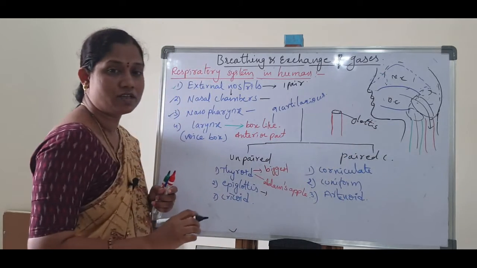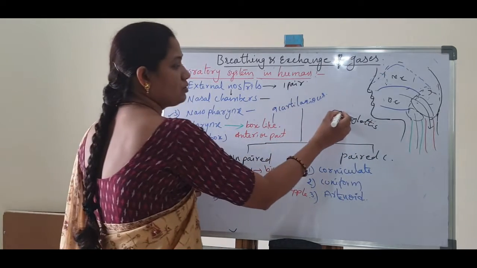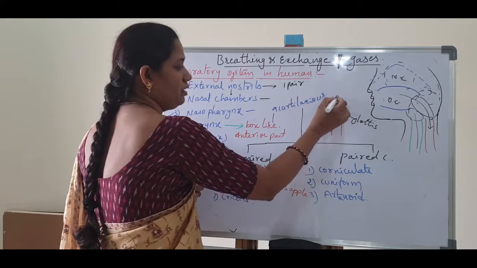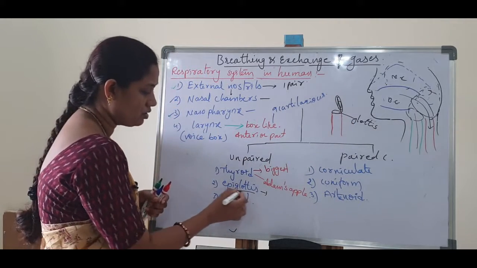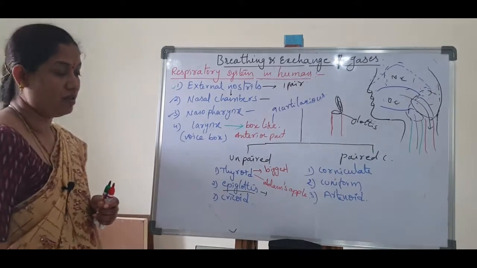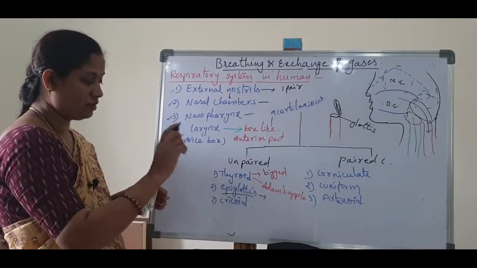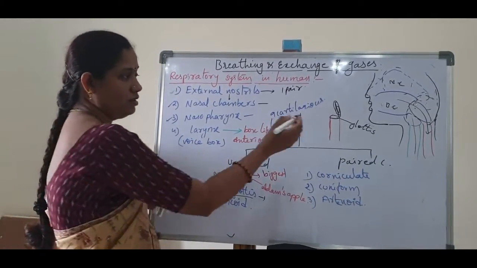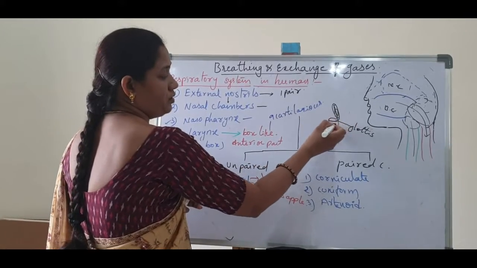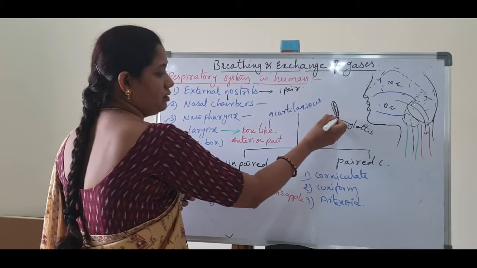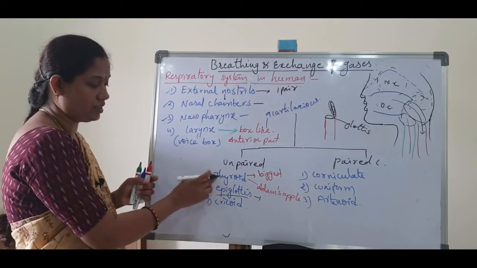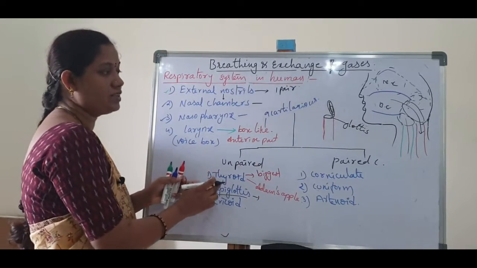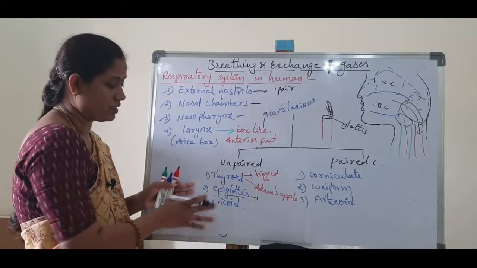The glottis is covered by a flap-like or leaf-like structure called the epiglottis. It is attached to the thyroid cartilage.